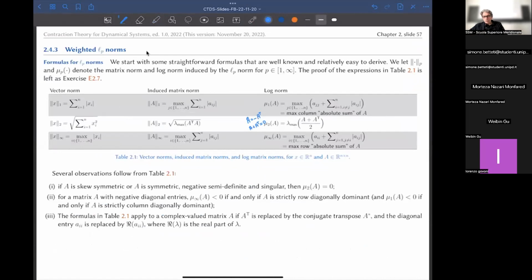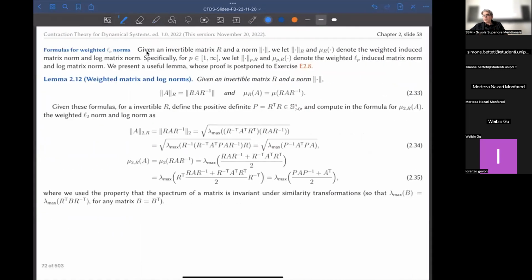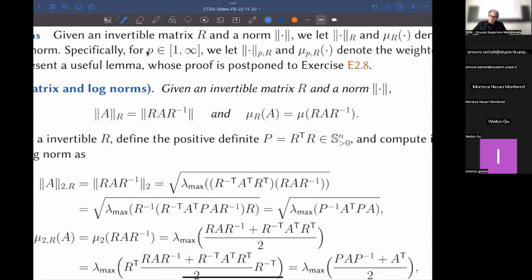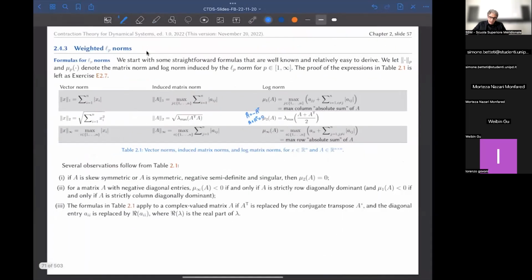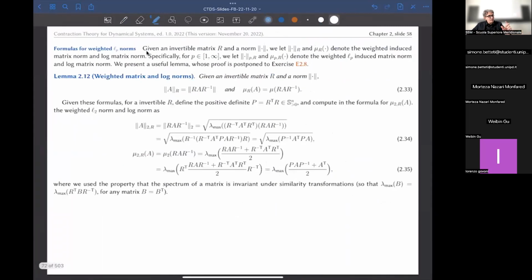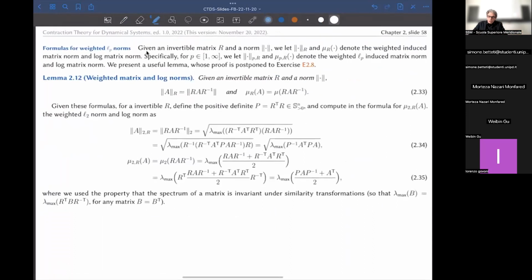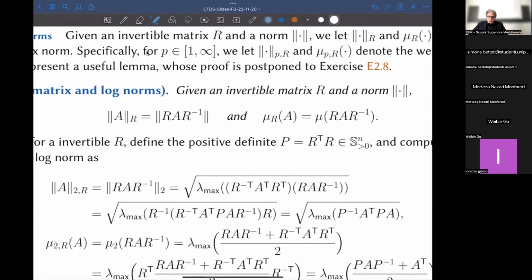There are formulas also when the matrices are complex valued. Here I'm doing only real valued everything. Now, those formulas in this table are for the unweighted 1 to infinity norms. But I just told you I will want to work with weights. It will be important to have that degree of freedom. So how do you compute induced norms and log norms when you have weights?